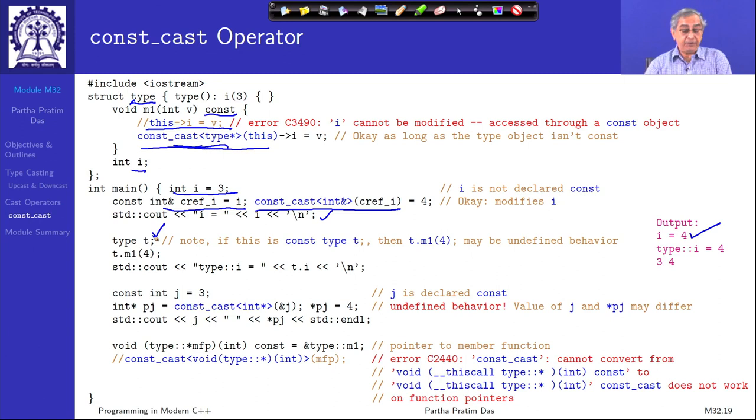You have a type T object, you can invoke T dot M1, M1 is the const member function. So, non-const object can always call const member function. If you do that, it will get changed to 4 and 4 will be printed. Mind you, if you have type T as const, then also you will be able to invoke this, because it is const.